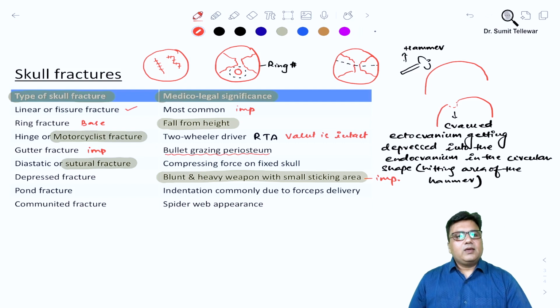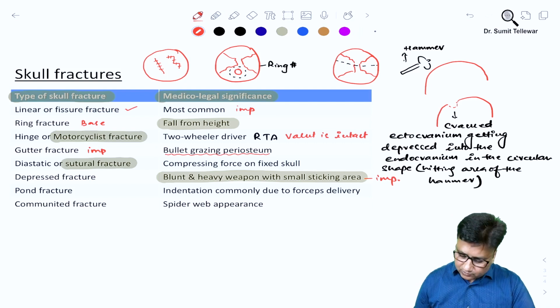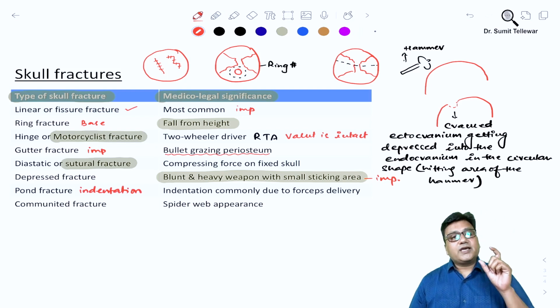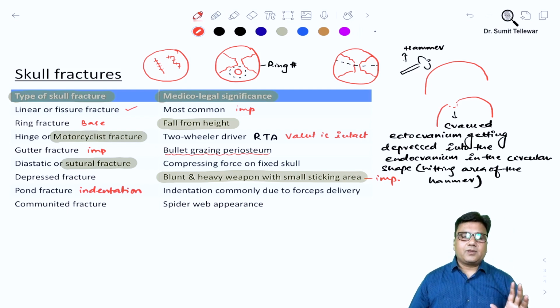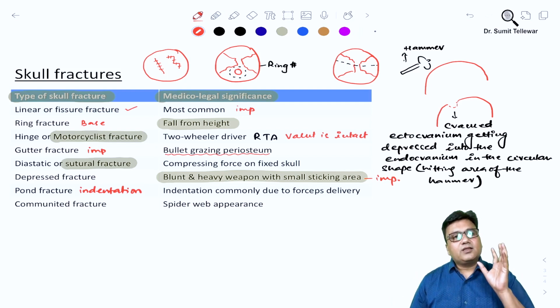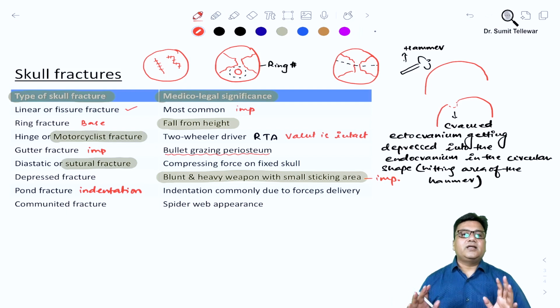Then we have something called a pond fracture. A pond fracture is exactly not a crack of the skull bone, it is rather an indentation of the skull bone, and skull bones can only indent when they have not been calcified yet, that is, the skull bone is still cartilaginous.